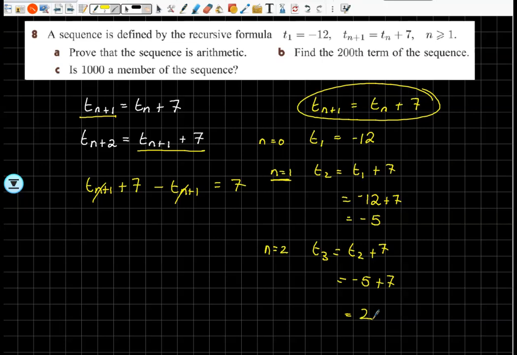So, doing this continually, I don't want to keep doing this to get to the 200th term, agreed? But from this, do we know what our first term is? First term then is negative 12. We know that the difference is 7.